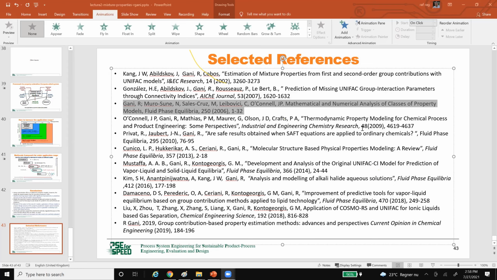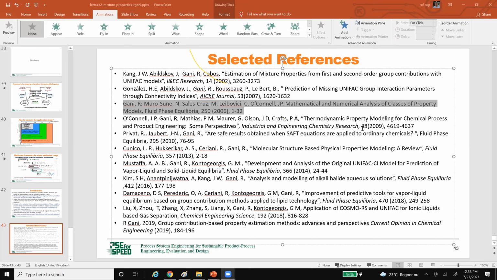Any other question? Please elaborate on COSMO-RS and its application. Thank you. Again, just like I showed you, for any molecule, the COSMO-RS method and also the COSMO-SAC are different in terms of how the sigma profiles are obtained and used.